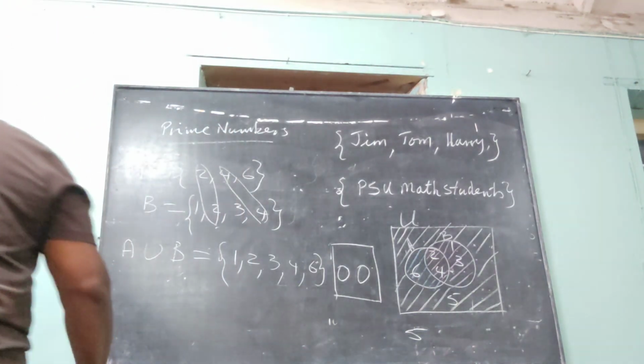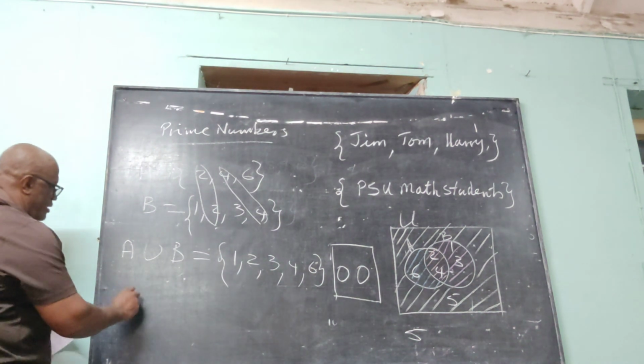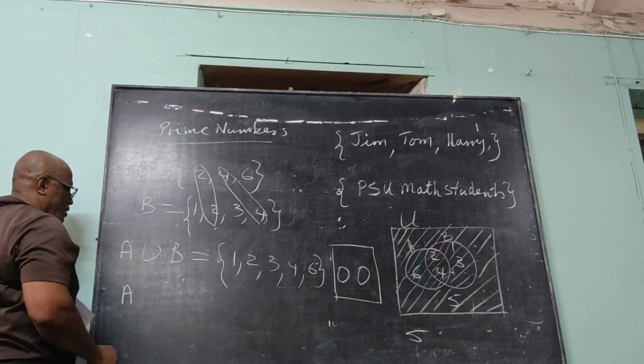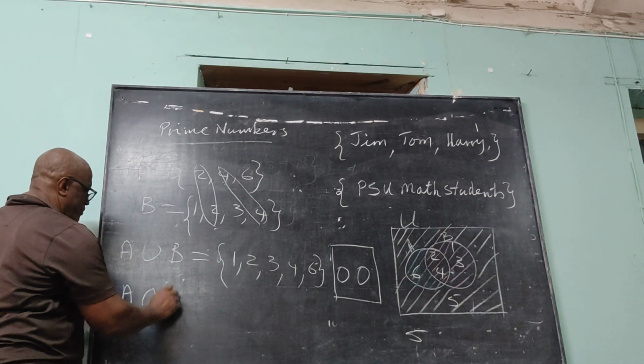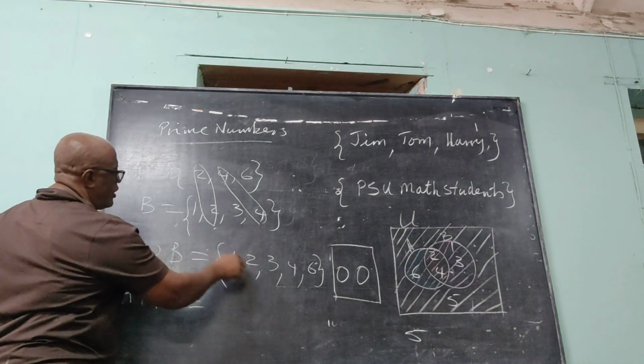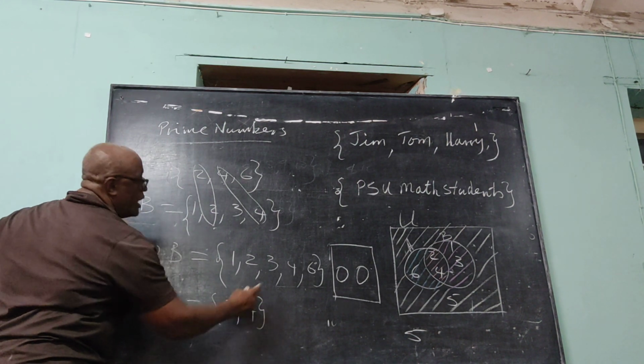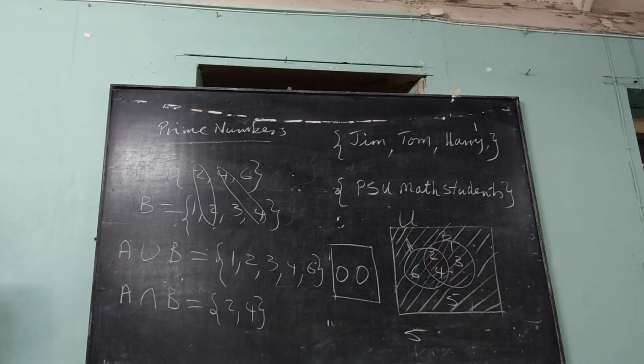Okay. So when we say A intersect B, it is the set 2 and 4. And that is right there on the diagram.